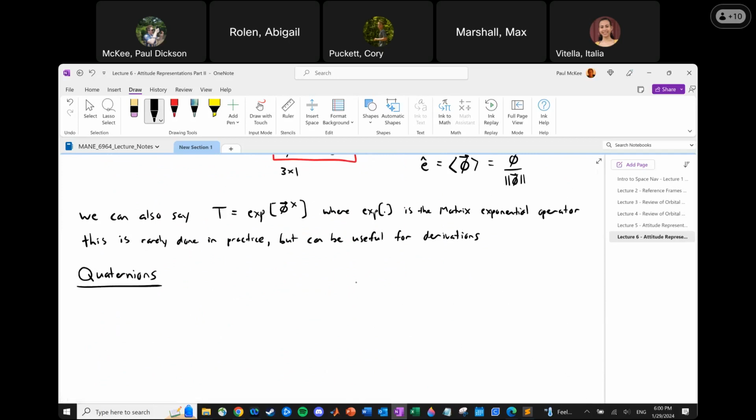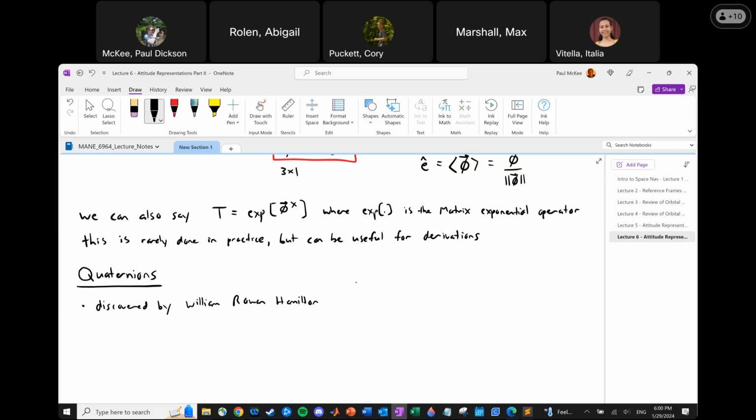I'm going to guess that some of you, maybe most of you, have been introduced to quaternions before. You might have used them before. Some of you might be extremely familiar with them. That would be fantastic because we're going to use them quite a bit in this class. They're definitely going to come up. So, quaternions were famously discovered by the mathematician William Rowan Hamilton.